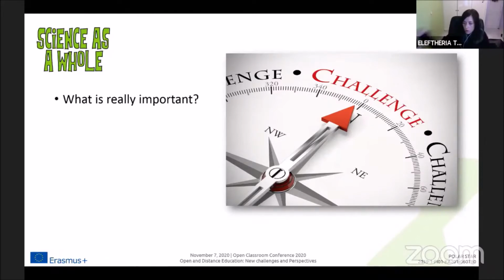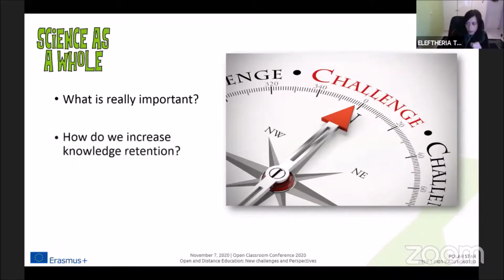Out of all this huge bulk of information that we have to communicate to them, what is really important? And the second one is, how do we make that knowledge stick? How do we increase knowledge retention? And both these questions are super closely linked again to our main problem, which is overloaded curricula.